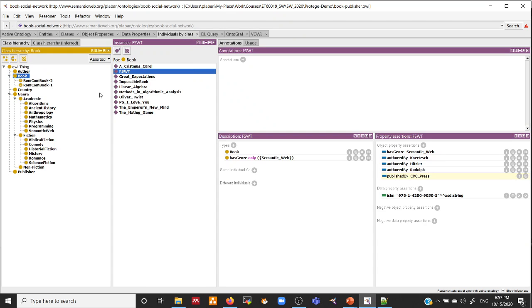Now let us have an example. FSWT has been authored by Coates, by Hitzler, and by Rudolph.